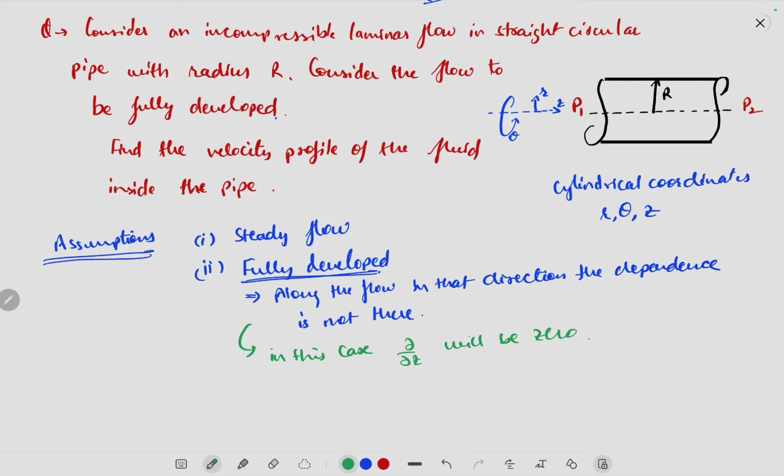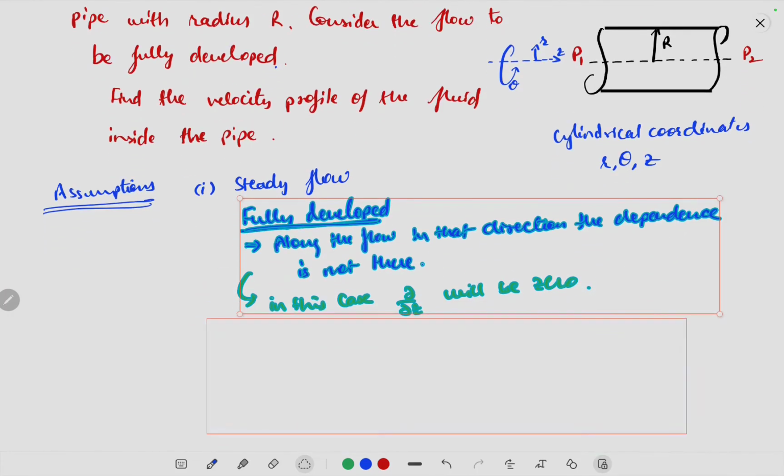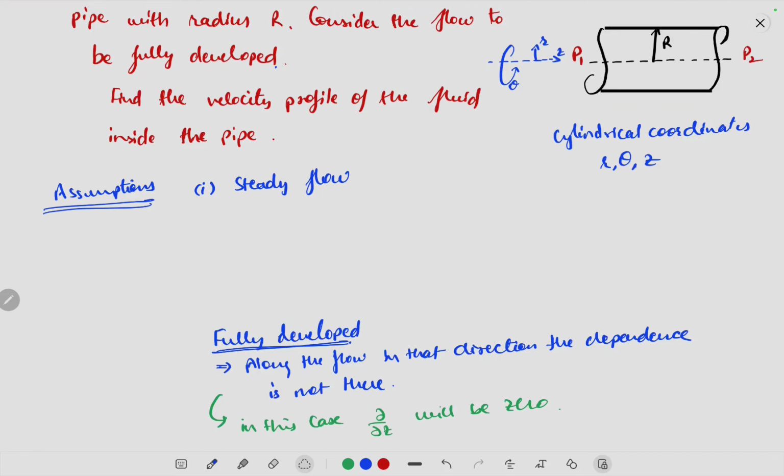Okay, actually this is not an assumption, but it is given to you in the question. It is given to you in the question that the flow is fully developed. So let's just write it somewhere down.